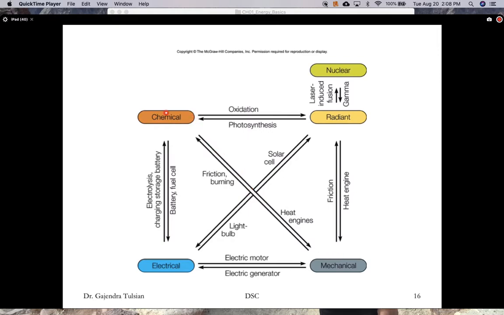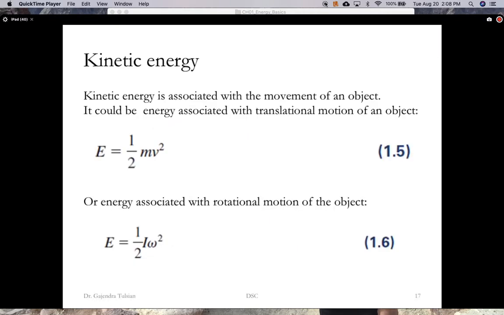So this is showing you all the ways of converting one form of energy to another. You saw that in the generator, the motion of the loop that was mechanical energy got converted to electrical energy. Okay. All right. So kinetic energy is the energy of motion.